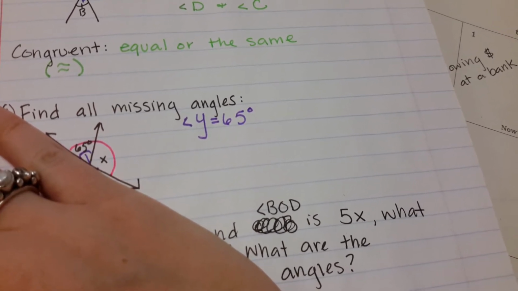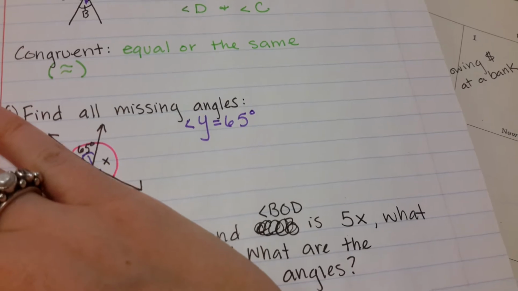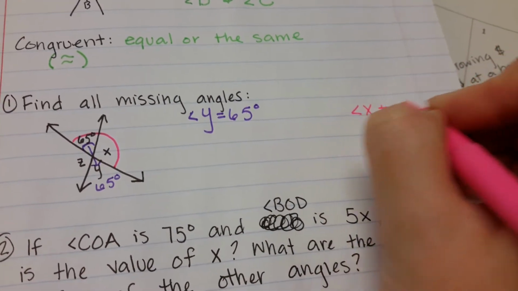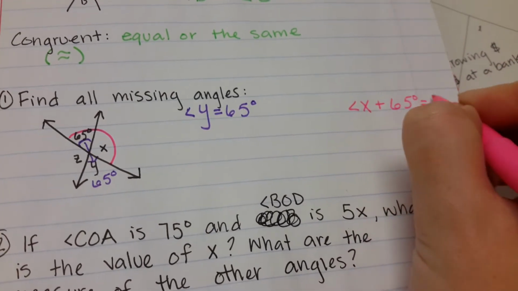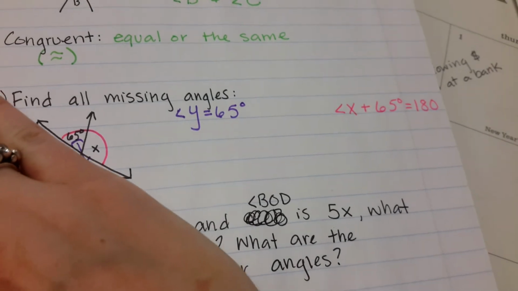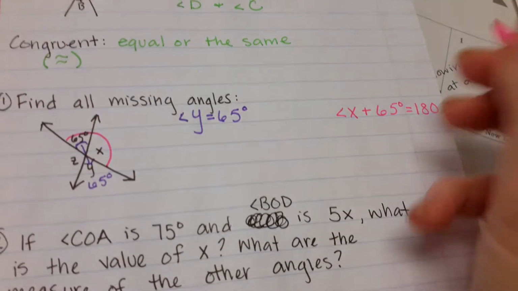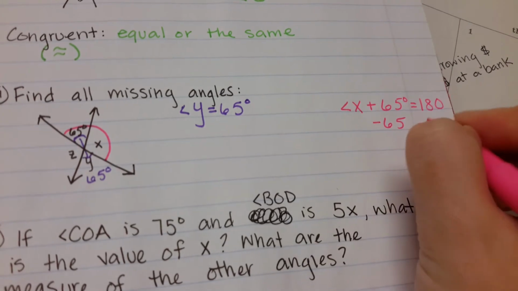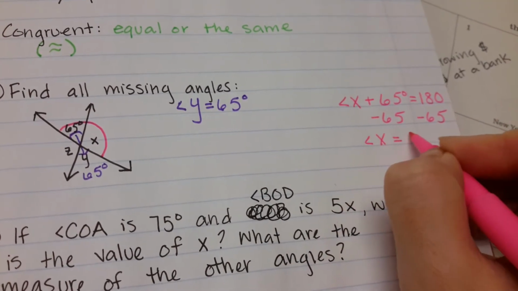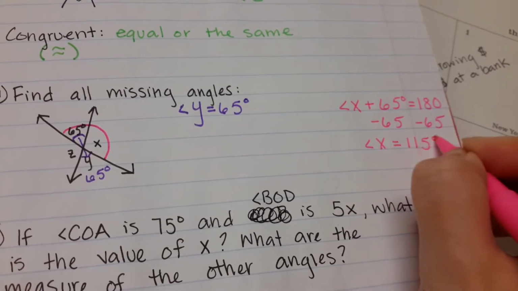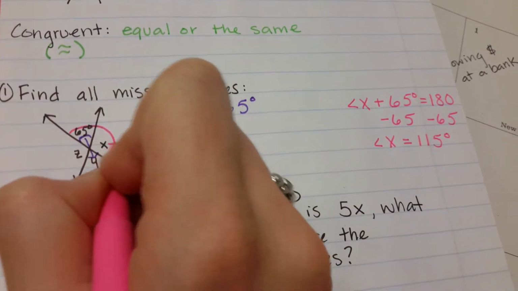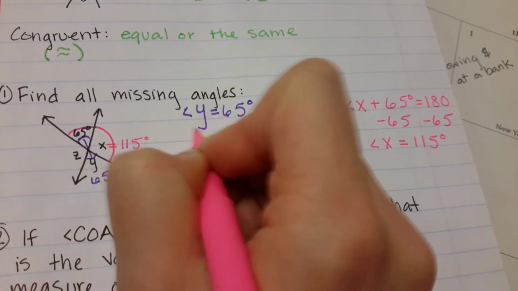So I know that angle X plus 65 degrees has to equal 180. And I can solve just like we did before by subtracting 65. And I know that angle X is equal to 115 degrees. So angle X is 115.